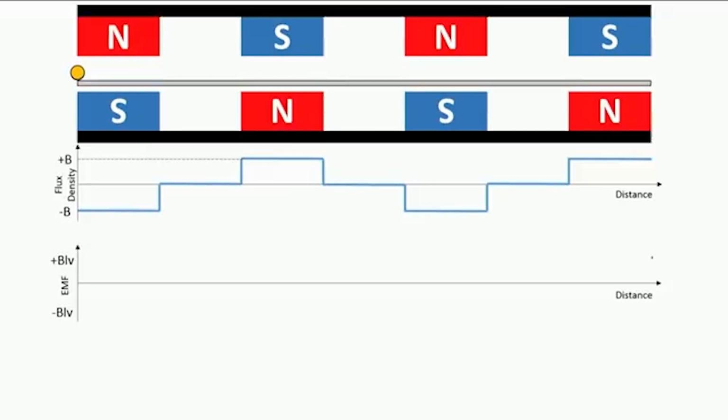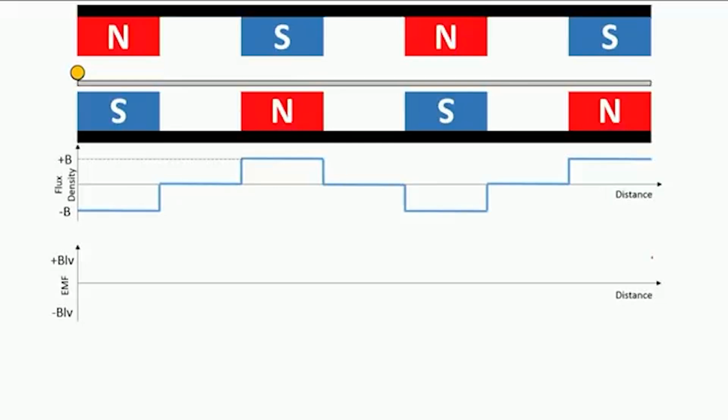I am calling the lines of force moving vertically up positive, indicated by plus B, and when the lines of force move down, from north in the upper to south in the lower, I call it minus B. It is sketched against distance, and there is a single conductor which is stationary.